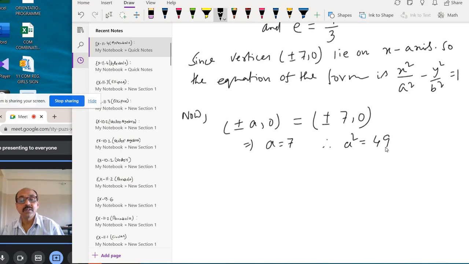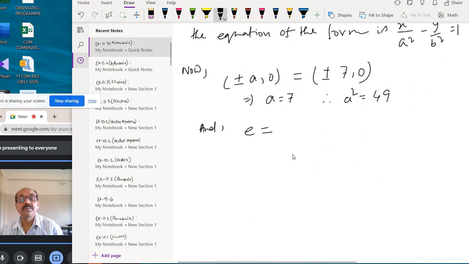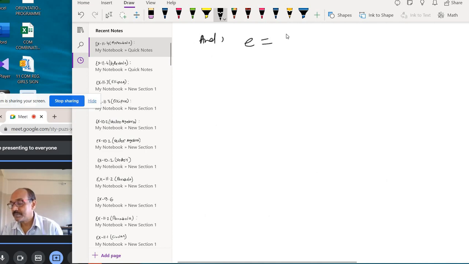And e equal to 4 by 3, and we know e equal to c by a.